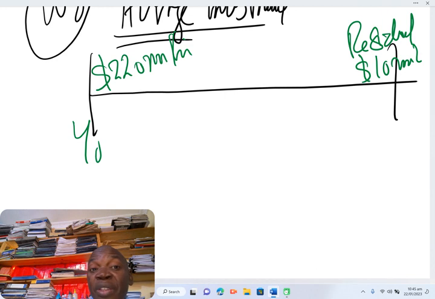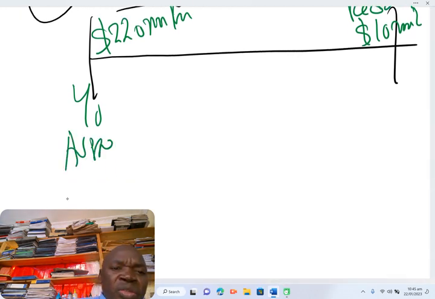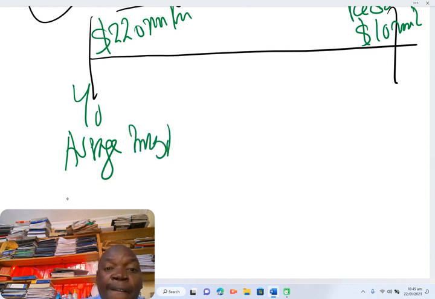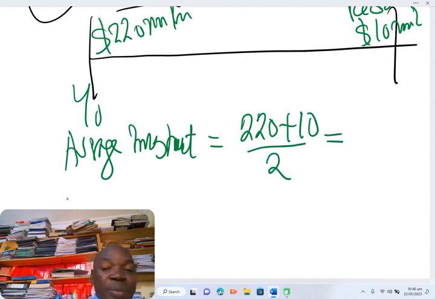As I said, there are different methods of getting the average investment. Average investment: we can take 220 plus 10 divided by 2.